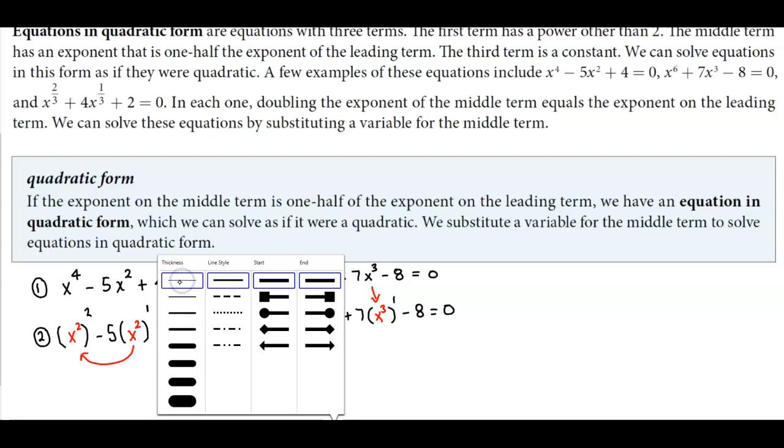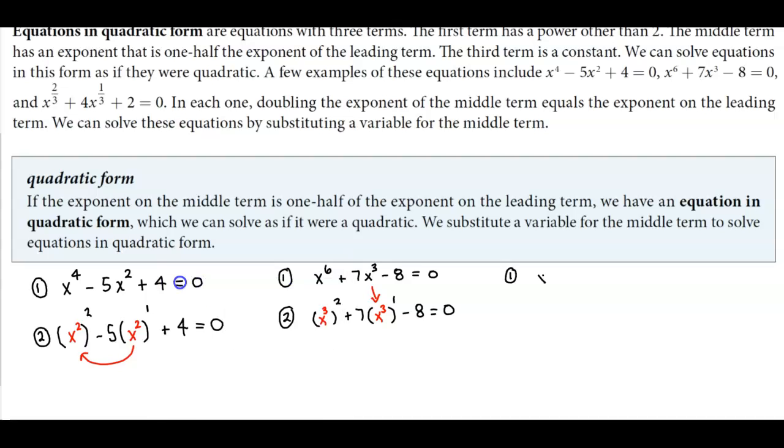Let's take a look at the other one here. We have x to the 2/3 plus 4x to the 1/3 power plus 2, which is equal to 0. So again, we want to make sure that we have something raised to the second power plus 4 times something raised to the first power plus 2, which is equal to 0.